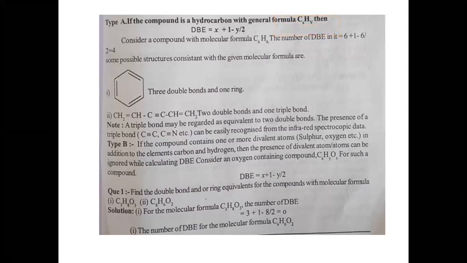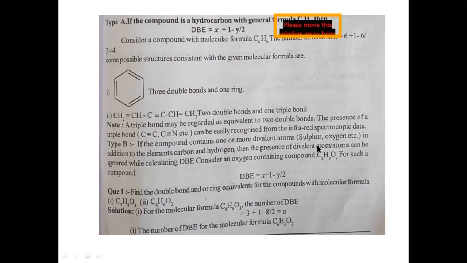We have to concentrate only on carbon and hydrogen. They should be ignored while calculating the number of unsaturations.